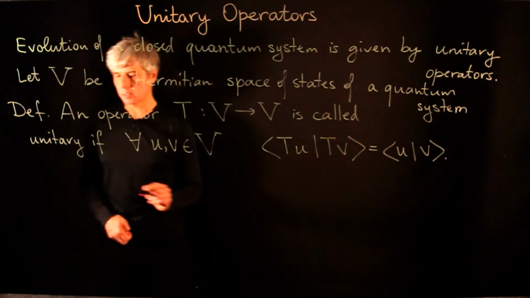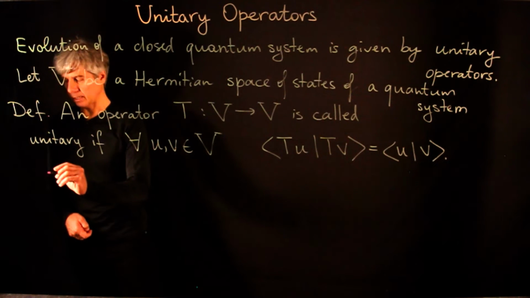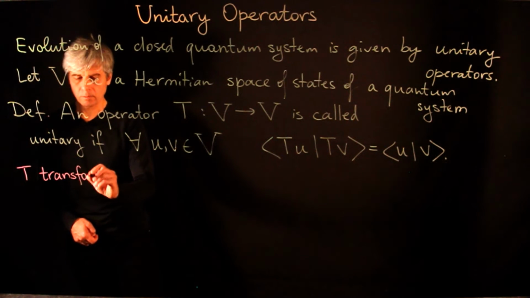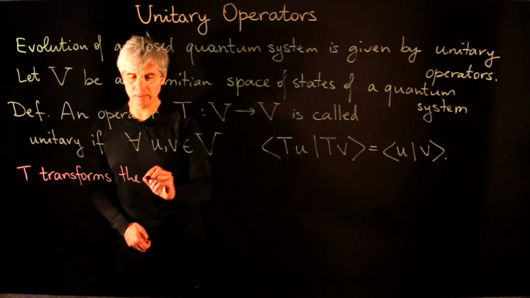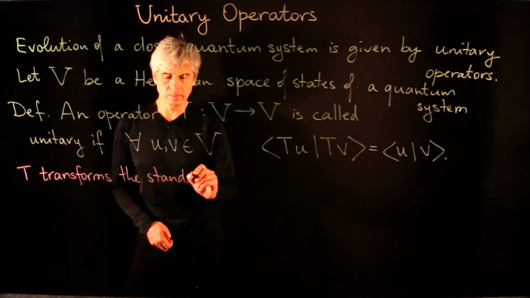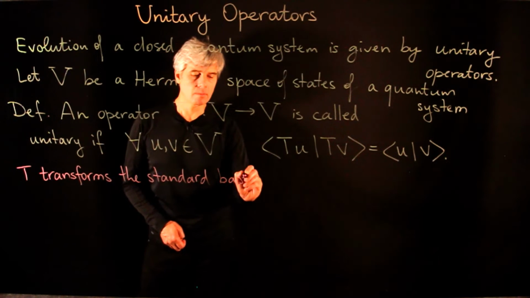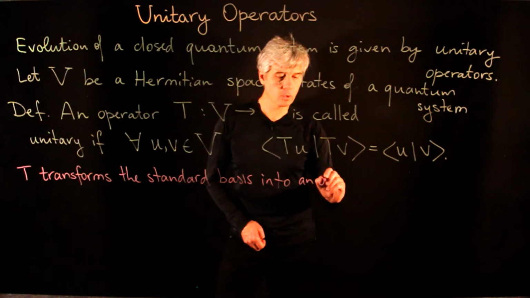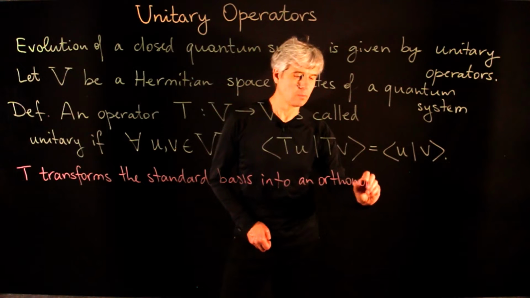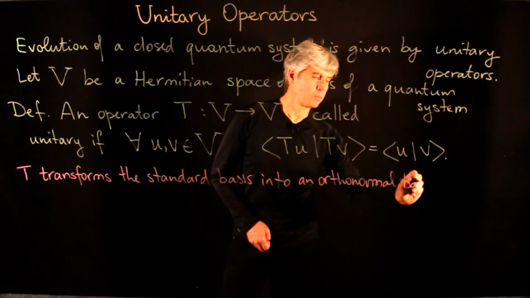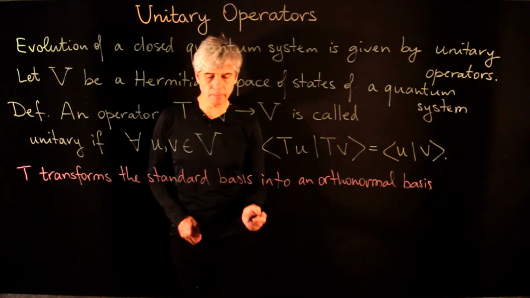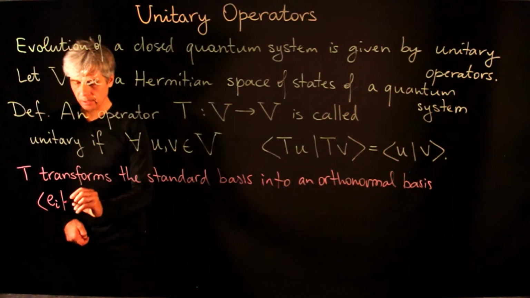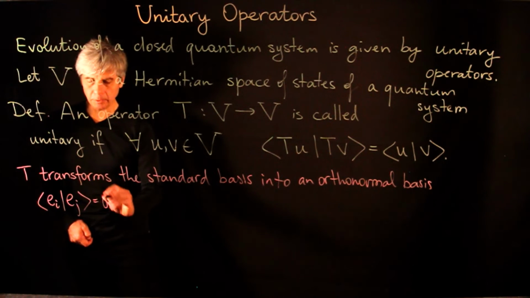And in particular, what this means is that T transforms the standard basis into an orthonormal basis. For the standard basis, we have that (e_i, e_j) is equal to delta_ij.